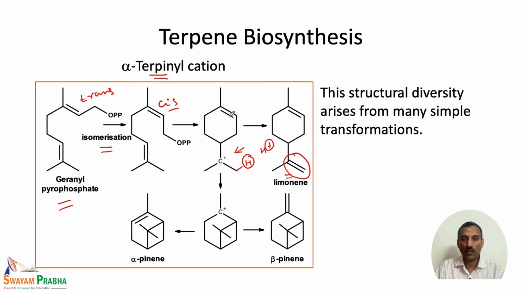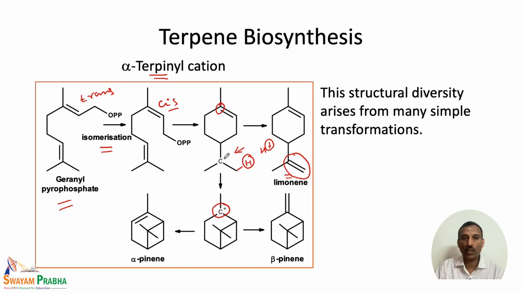The carbocation can also attack this particular double bond, because this is an electron rich system and this is an electron deficient system. Depending on the place where it attacks, we can get a more stable carbocation. If it attacks this particular carbon, then the quaternary carbon becomes the most stable carbocation. Here this becomes a tertiary carbocation.